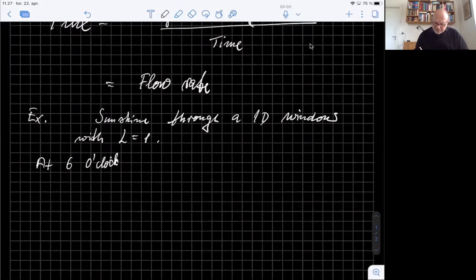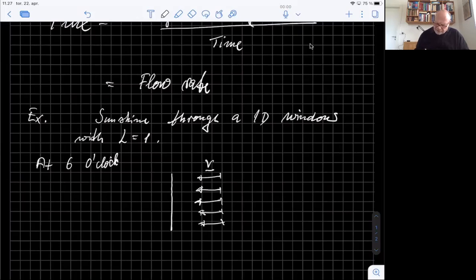We have here this one-dimensional window, and we have the solar vector field, and it's perpendicular to the window. And it has the strength V. So this is the vector field.